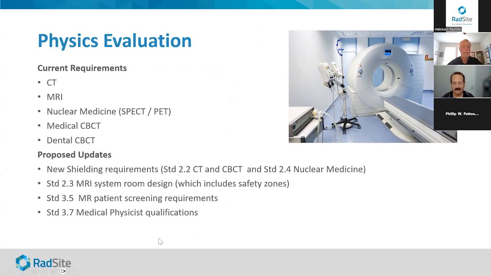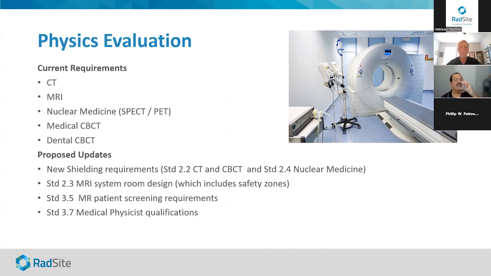So one of the things about a physics evaluation, it's not new to us. We've been evaluating imaging systems for decades. We started with mammography, and CMS, they've actually mandated that we have some type of evaluation for the advanced modalities.